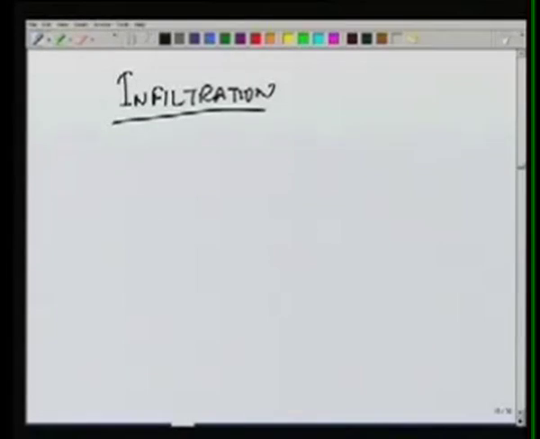The next component of abstraction which we will take will be the infiltration, which is the component which is going below the surface of the earth, and the amount of infiltration which infiltrates into the soil will be taken out of the precipitation.